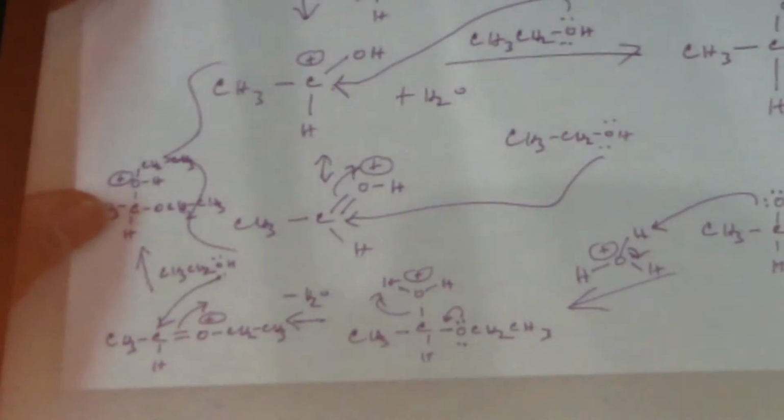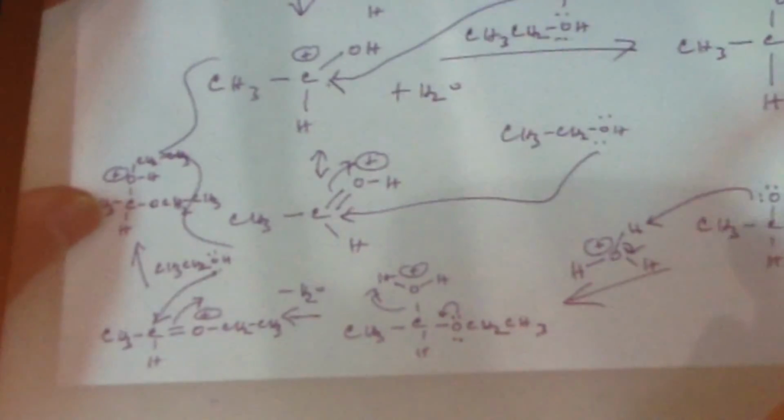It's a little problem, but you can see it because it involves a lot of steps. But I'm trying to show you that the steps are fairly straightforward. As you can see, you protonate the oxygen, then you eliminate the water molecule, after that by attack of the alcohol moiety.